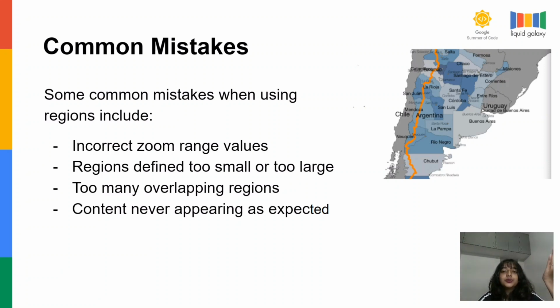Another common issue is defining regions that are too small or overlapping excessively. This makes behavior unpredictable and hard to debug. These mistakes are easy to avoid with gradual testing and careful planning.